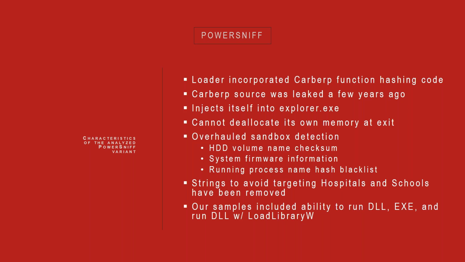So even if they have attempted to turn off this PoSlurp module, as long as those processes are still running and that computer has not been turned off, you would be able to find it in memory. The variant that we saw had significantly improved sandbox detection methods over what has previously been openly analyzed. Things like obtaining the hard disk volume name, taking a checksum of that and testing whether or not it matches, or looking for system firmware information, or running through a process name hash blacklist.